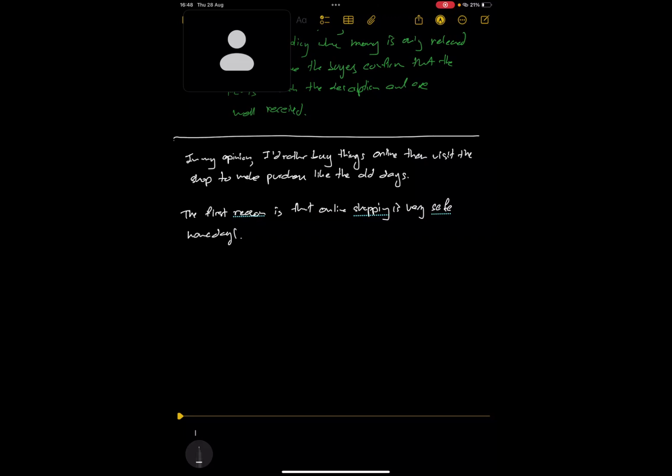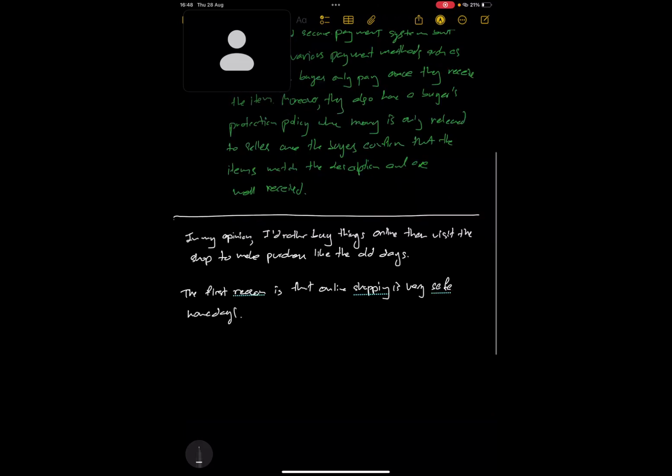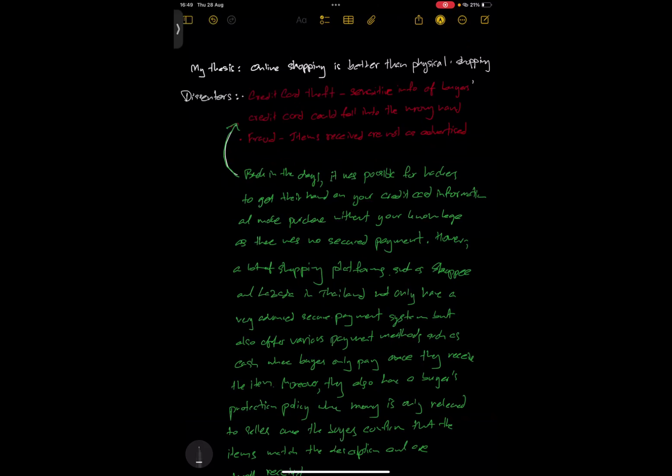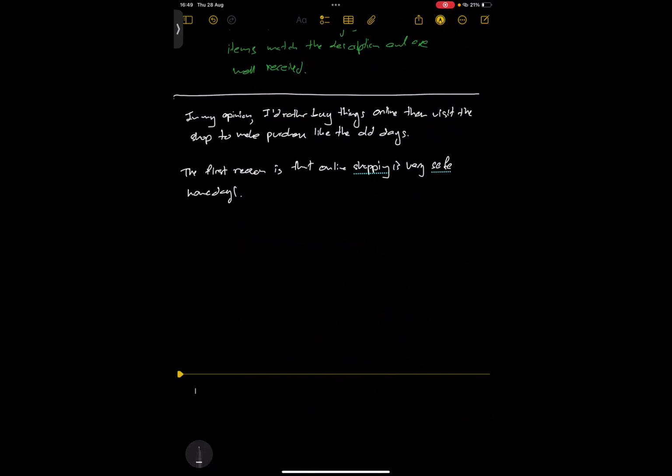Okay, so you see, if I can attack this idea, I can sort of steal an idea. Because I can argue against those who fear online shopping, they fear that they might lose their money over credit card theft. I can now say that buying things online is actually safe. Okay, the first reason is that online shopping is very safe nowadays.